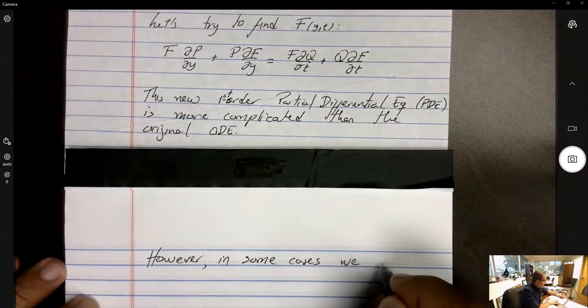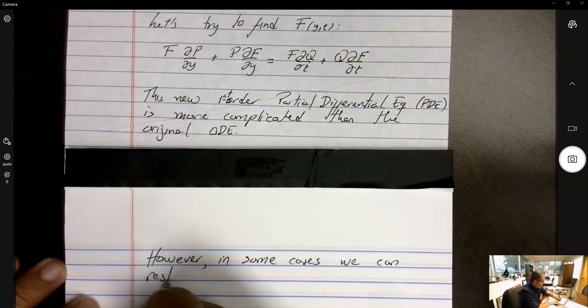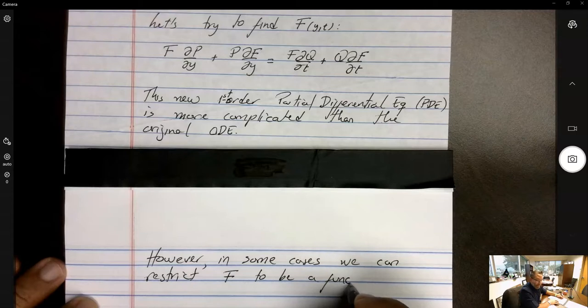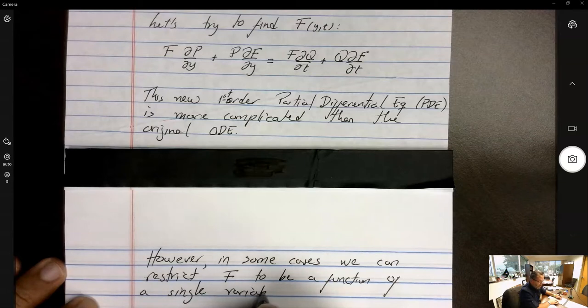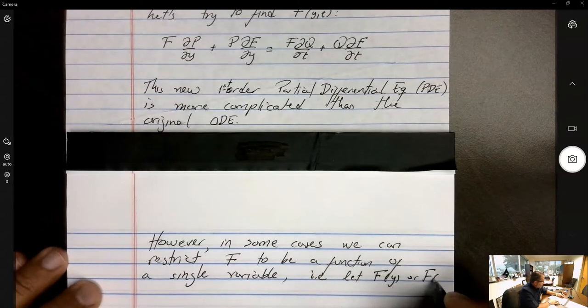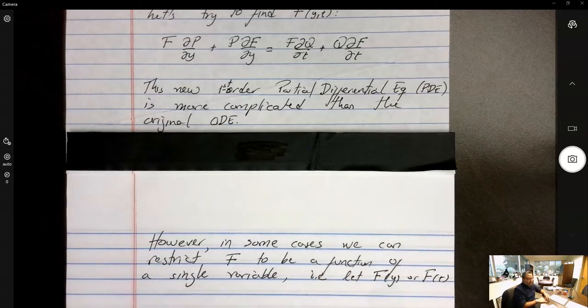Cases where we can restrict f to be a function of a single variable, i.e., we can say, well, let f be a function of y, or f be a function of t, right? It's a single variable.